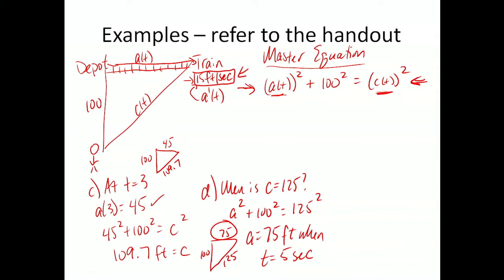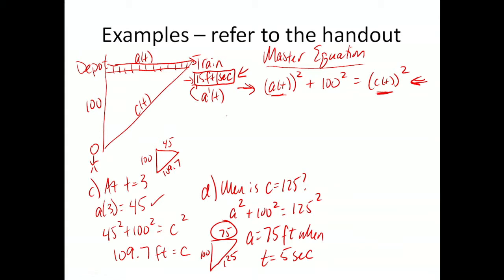Now, I will repeat again, I haven't really used calculus yet or any of the stuff we've been working on, so it must be that this last part is where I'm going to use it, and indeed it is. The last part says, at what rate is the distance between you and the train changing when it's 125 feet away from you?